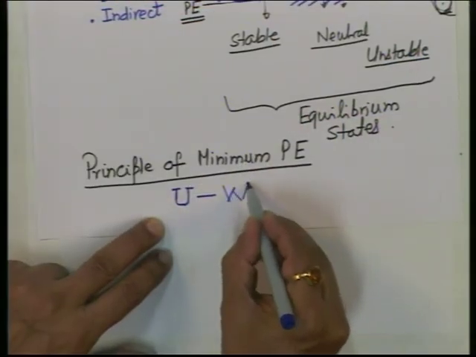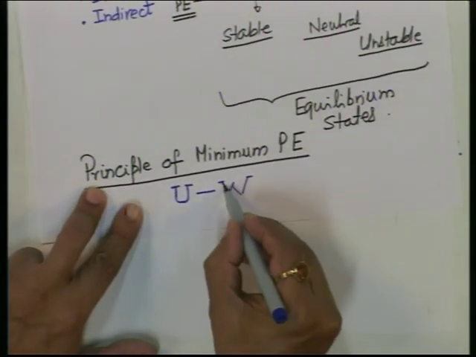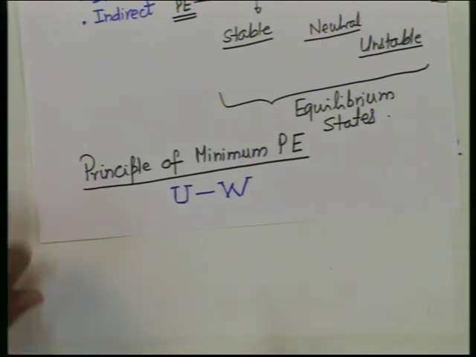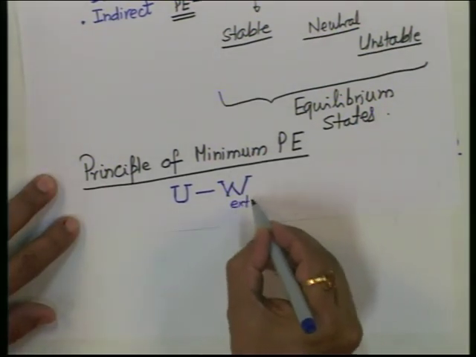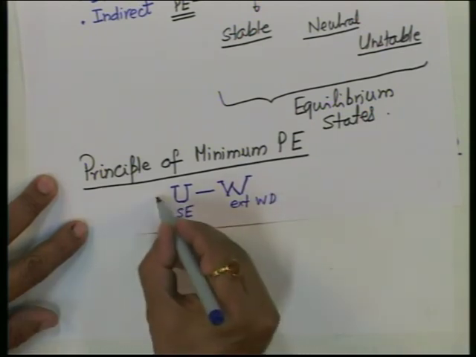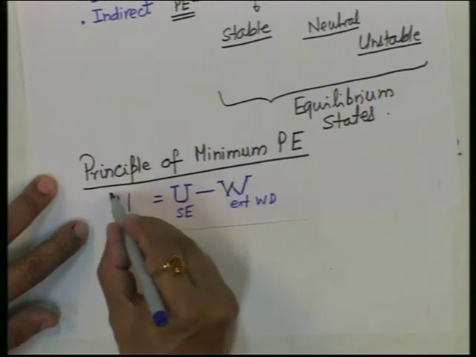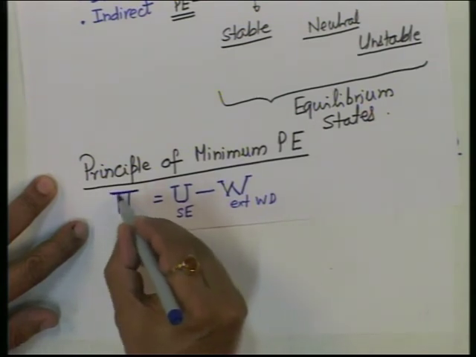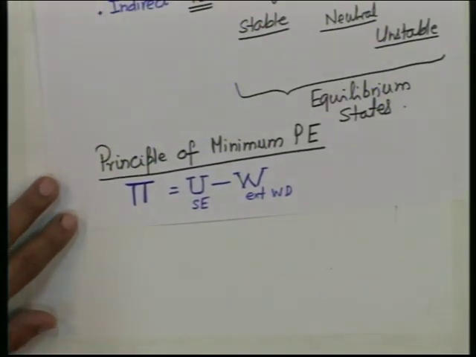Now, strain energy is something that gets stored, the body gets deformed, and when you release, it comes back to its original position, if it is a linear elastic material. Now, the strain energy minus the work done, if you denote the work done by W, external work done due to external load, and this is strain energy, that we define as the potential energy of the body, and we denote it by the symbol capital Pi.